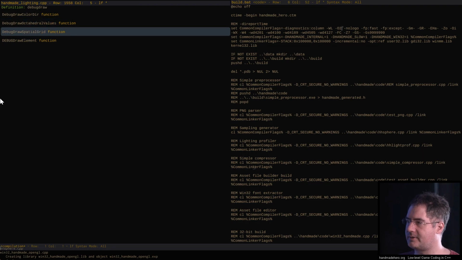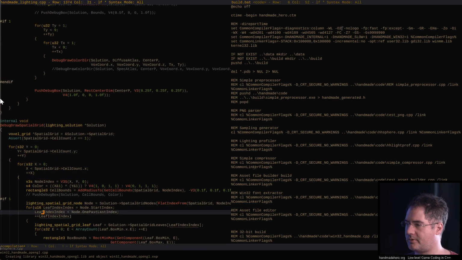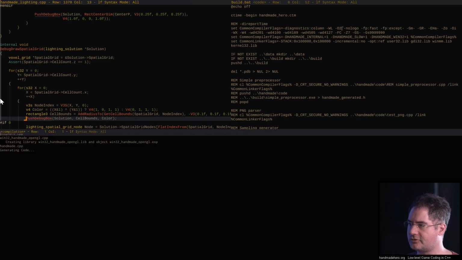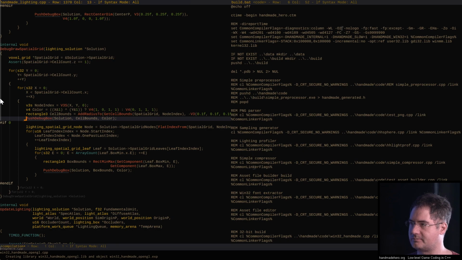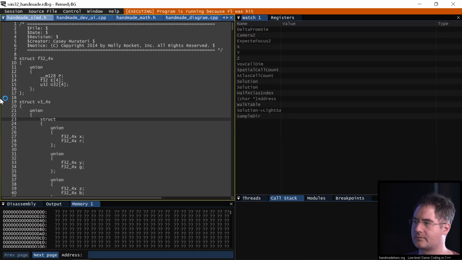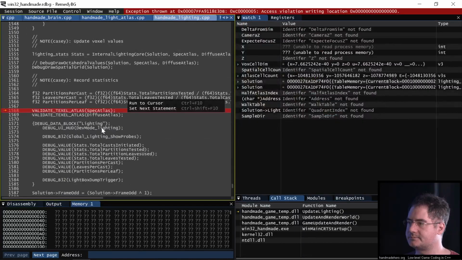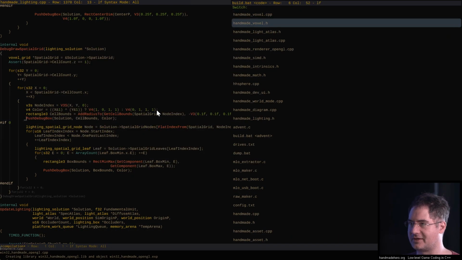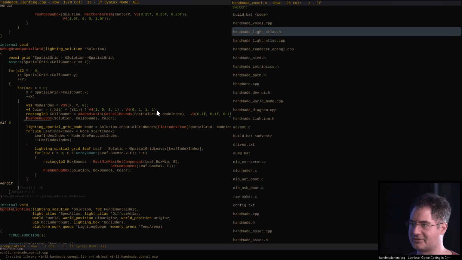So debug draw spatial grid will step over each of the grid areas, and it will draw the bounds of them, right? If I do that, this will just draw the boundary box. So this shows what grid cells there are in this spatial grid. I have to turn off all the validation that we were just using so that I can actually look at it.